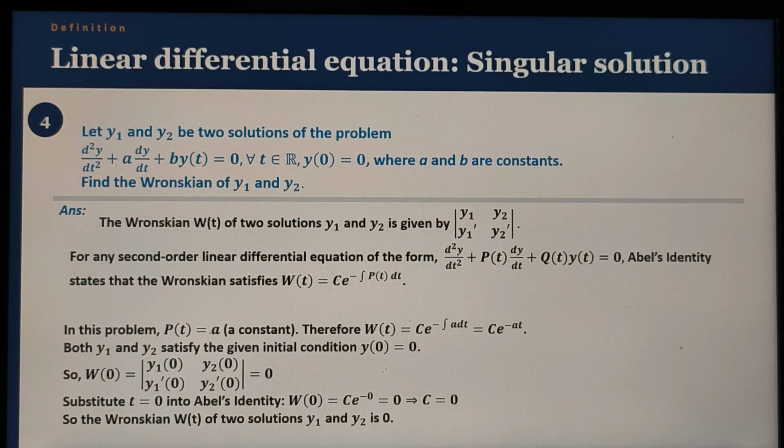Okay, so in this problem p(t) is constant, that means we get W(t) equal to C e to the power minus a t. So using the initial condition y(0) equal to 0, we can say that y1(0) equal to 0, y2(0) equal to 0.